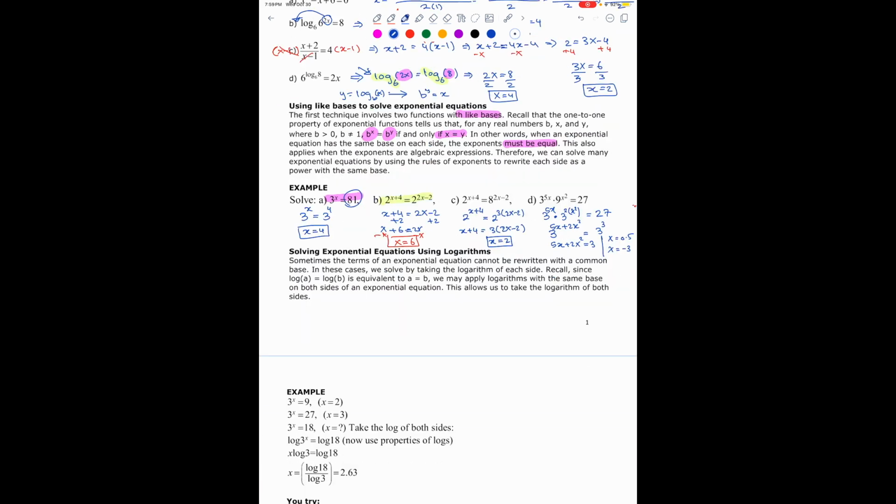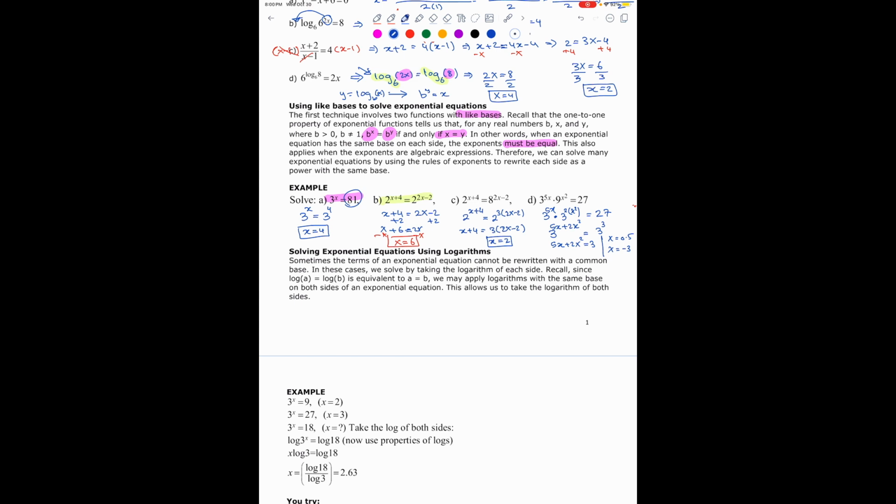With the same property we used for the exponential functions, we're going to solve exponential equations using logarithms. Sometimes the terms of an exponential equation cannot be rewritten with a common base.